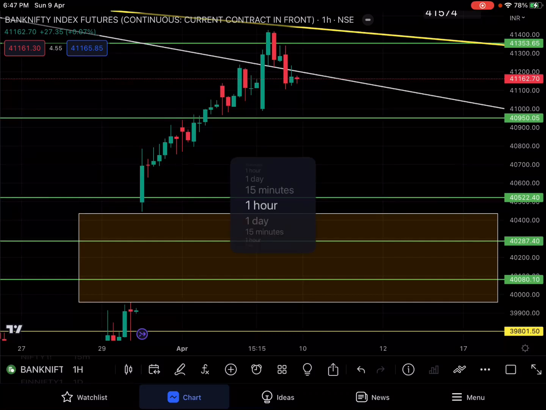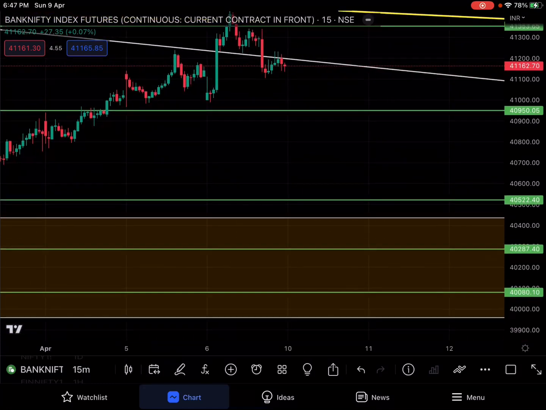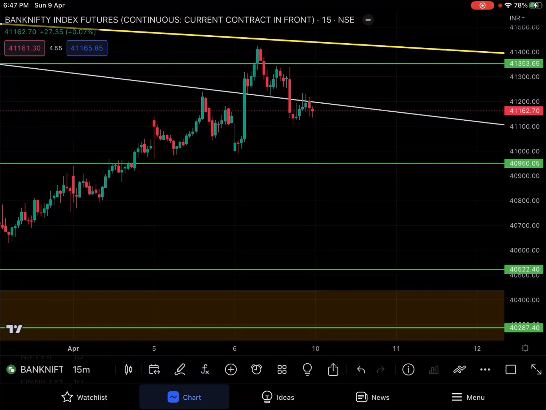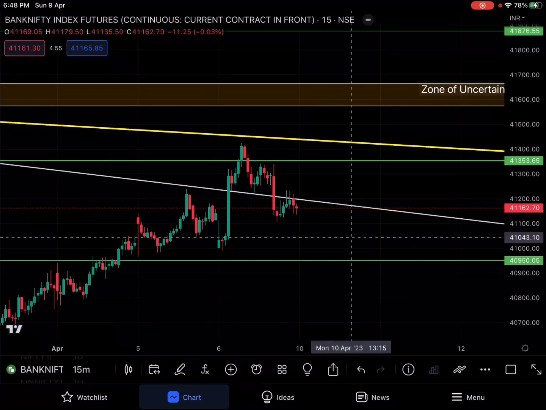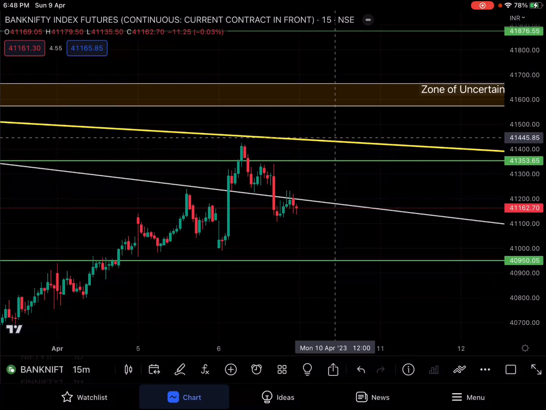Now, if we move to the 15 minutes time frame to look for an intraday, looking at the way the market is moving, even on a 15 minutes time frame, the analysis wouldn't change. We would go with more of put options, unless and until we have a closing above at least the day high which it formed on Friday, ideally at around 41,450.